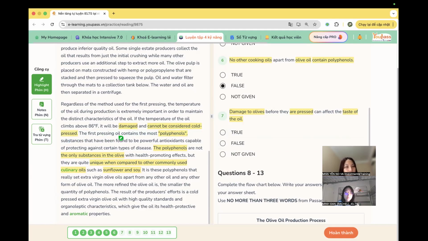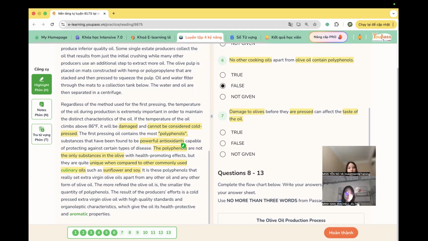Because the first pressing oil contains the most polyphenols, the substance can have powerful antioxidants. Antioxidants help people prevent different diseases like cancer or aging. So that's why olive oil is very expensive, because it can boost your immune system.